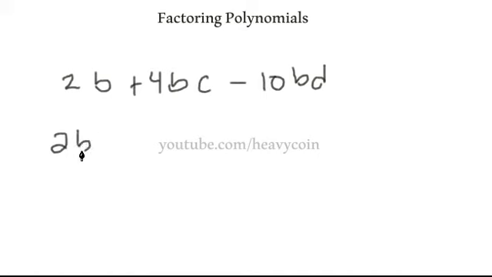So we're going to pull out a 2b. So that means we're just going to be left with a 1 here, a 2c minus a 5d. And I do believe that that's all that we can possibly do there.